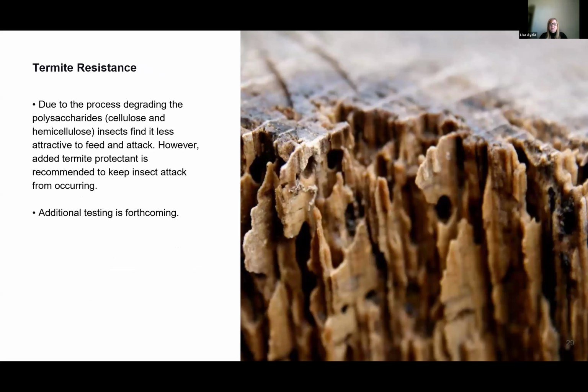They will attack thermally modified wood. However, on the radiata, we are working on a water-based treatment that will help keep insect attack at bay. So if you'll bear with us, in Q1 we should have additional information on that. But I would say that for the most part, termites go after the cellulose and hemicellulose.